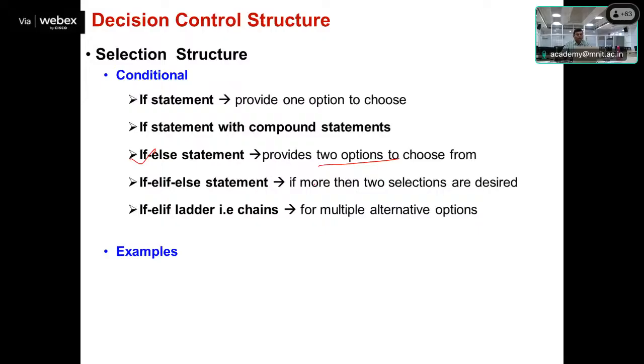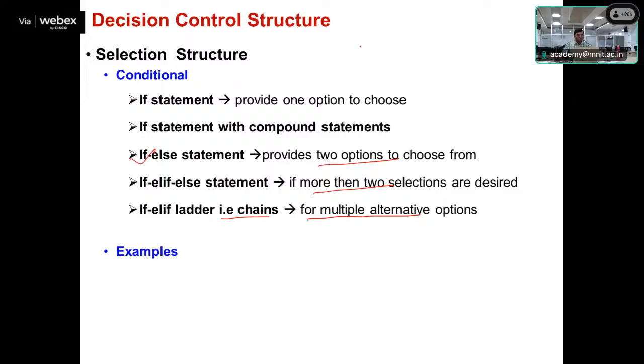If we have more than two options to select from, then we can go for the if elif statement. But if we have multiple alternative options, then we are required to go for the if elif ladder check. So we are going to discuss these three flavors of selection statement where we are required to take a decision.